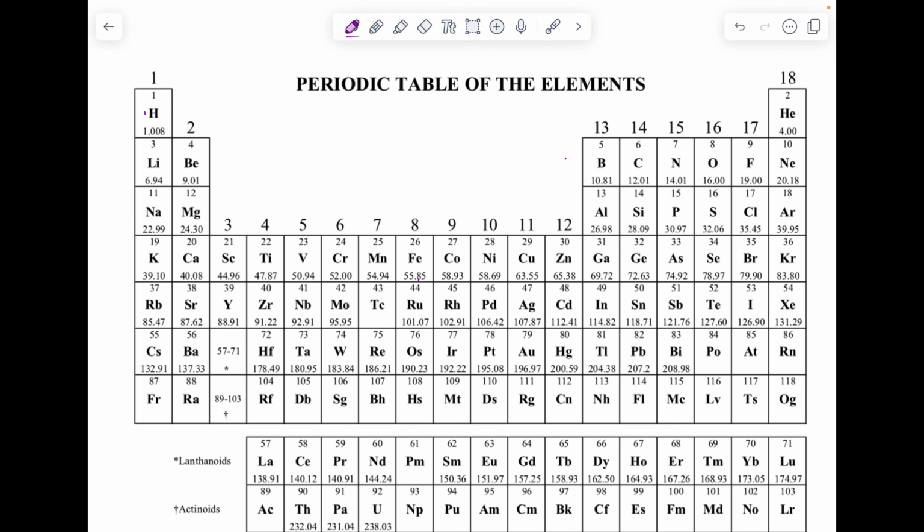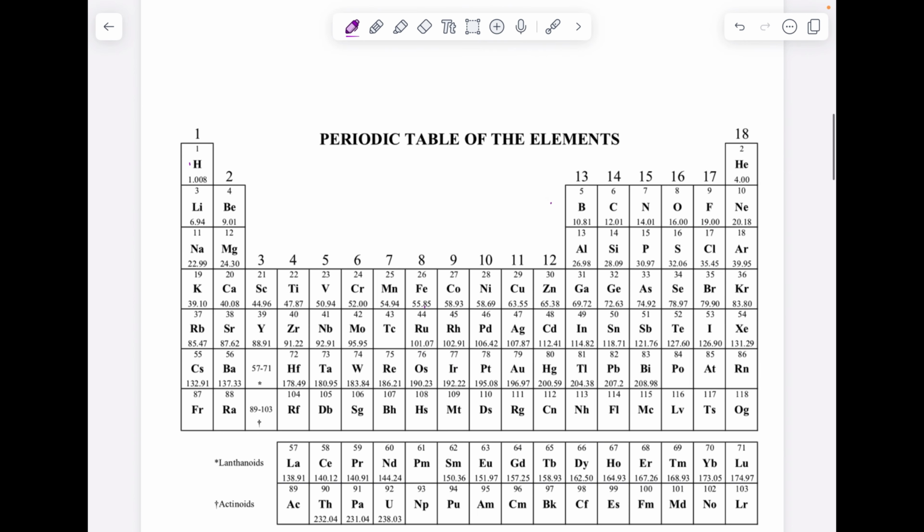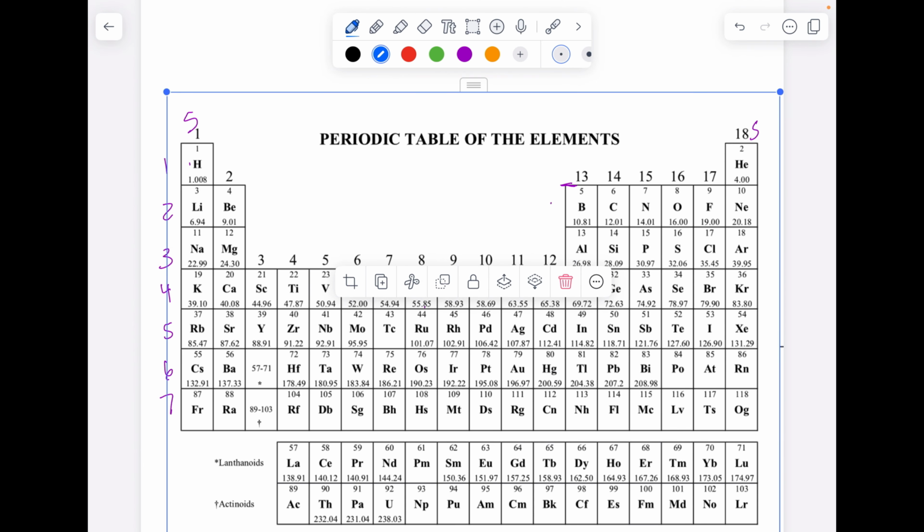So these tall levels here, which have hydrogen and helium, these are your S levels. Helium over here is S too. And you start with 1, 2, 3, 4, 5, 6, 7. Now this next block over here, this lower block, this is your P block.